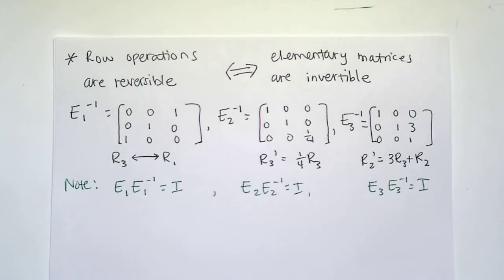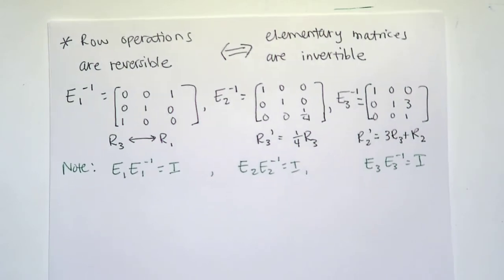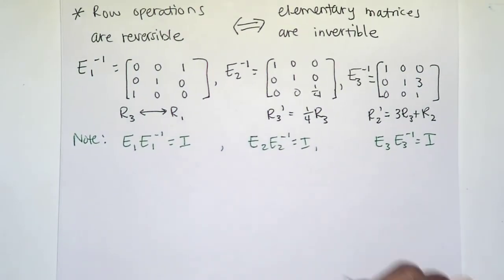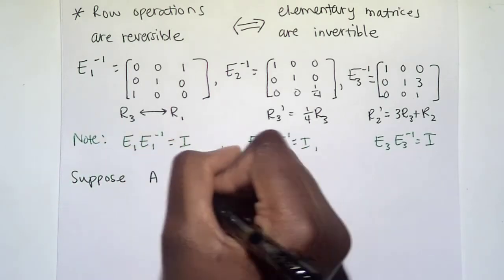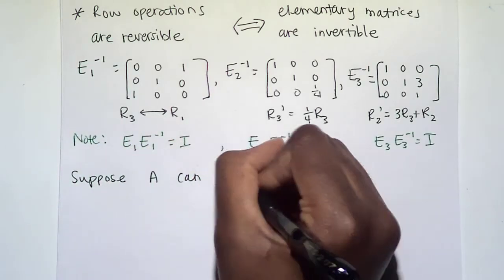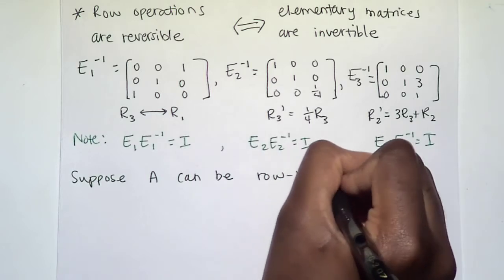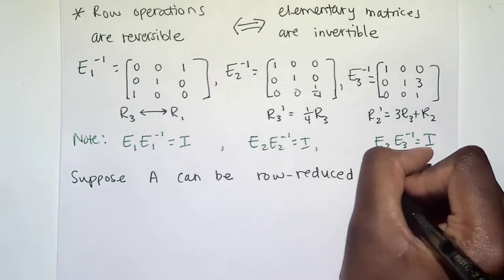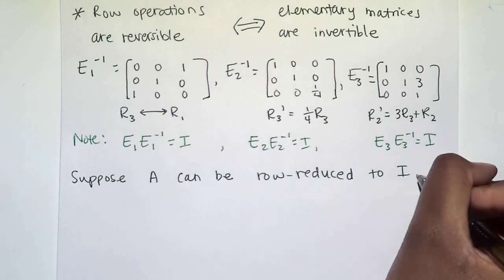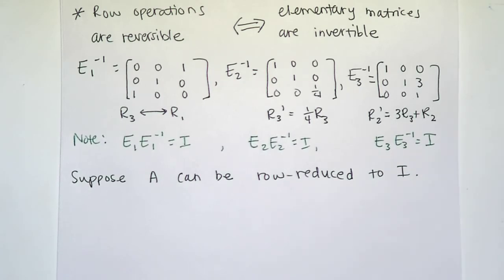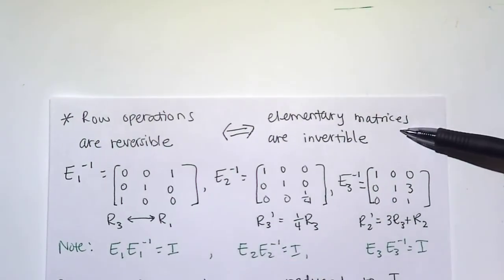All right, so now let's get to the nitty-gritty of this point. I promise the point is coming soon here. Let us suppose that A can be row reduced to the identity matrix. So let's say we have A, perform all these row operations, and we get the identity. Remember, performing row operations is the same as multiplying by elementary matrices.